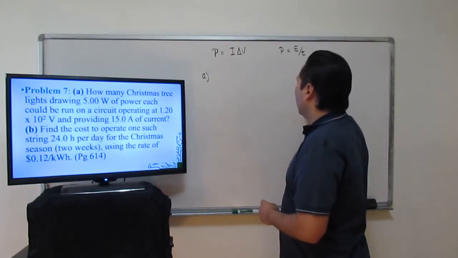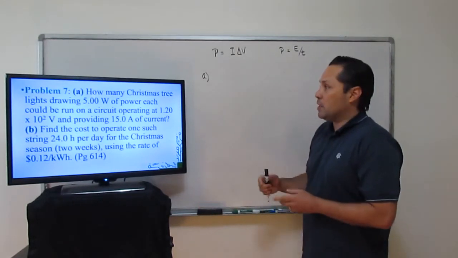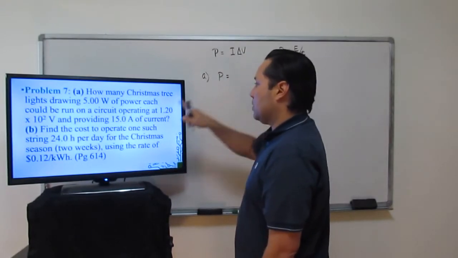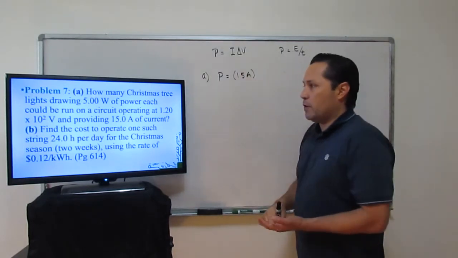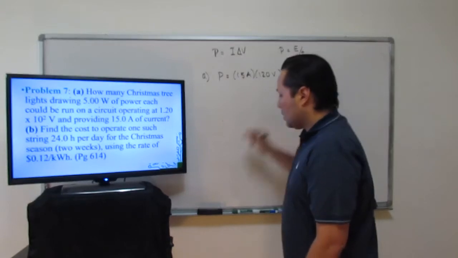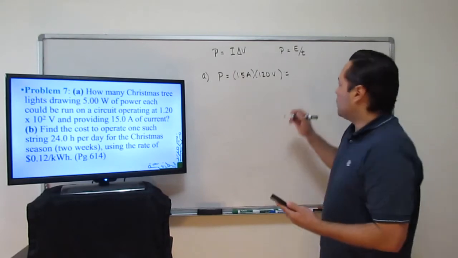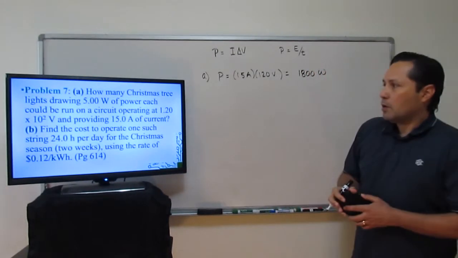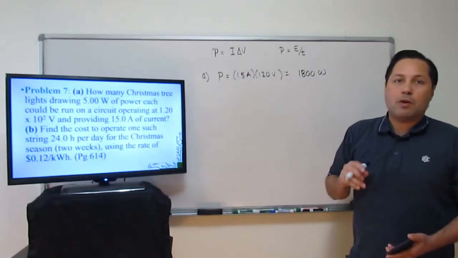All right, so for our bulbs, let's figure out how much power they need. Power is equal to the current, which is 15 amps, multiplied times the potential difference, which is 120 volts. 15 times 120 gives us 1800 watts. Now that we have that, we know that each one of those bulbs takes up 5 watts.